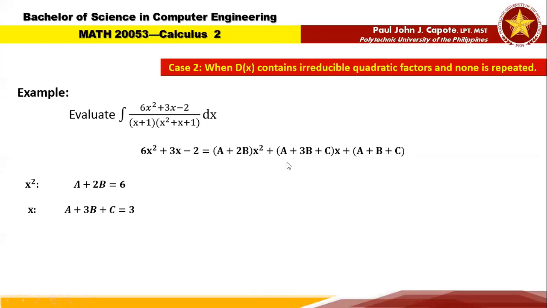So we have a plus 3b plus c equals 3. Lastly, we have a plus b plus c equate to negative 2.